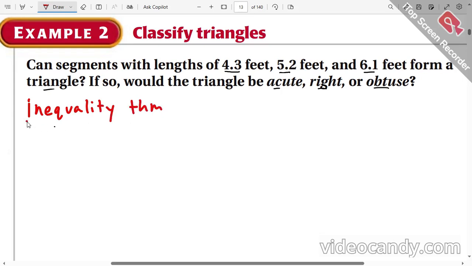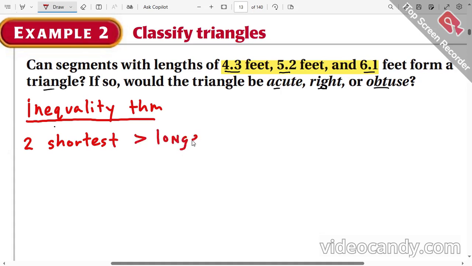If you remember, in order to test if the side lengths actually form a triangle, these are the side lengths right here. In order to test that, we have to add the two shortest and make sure it's greater than the longest.